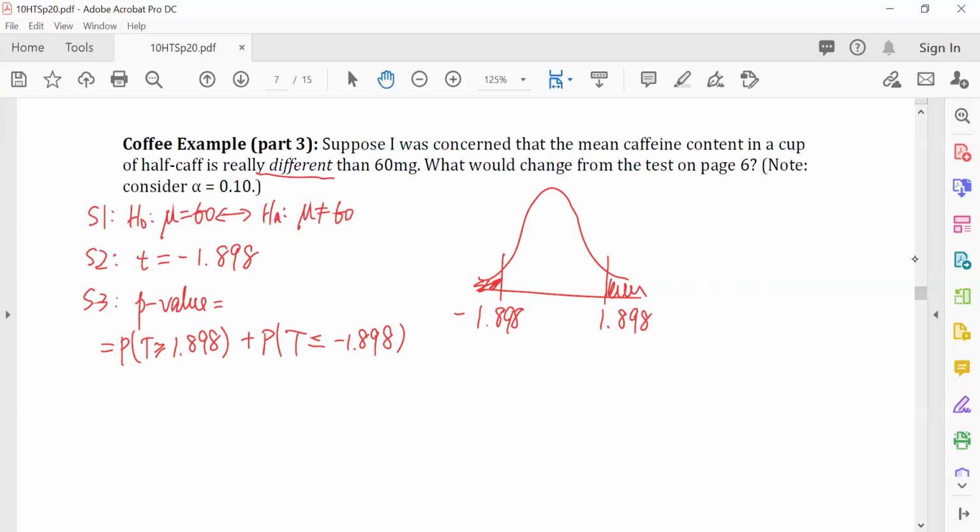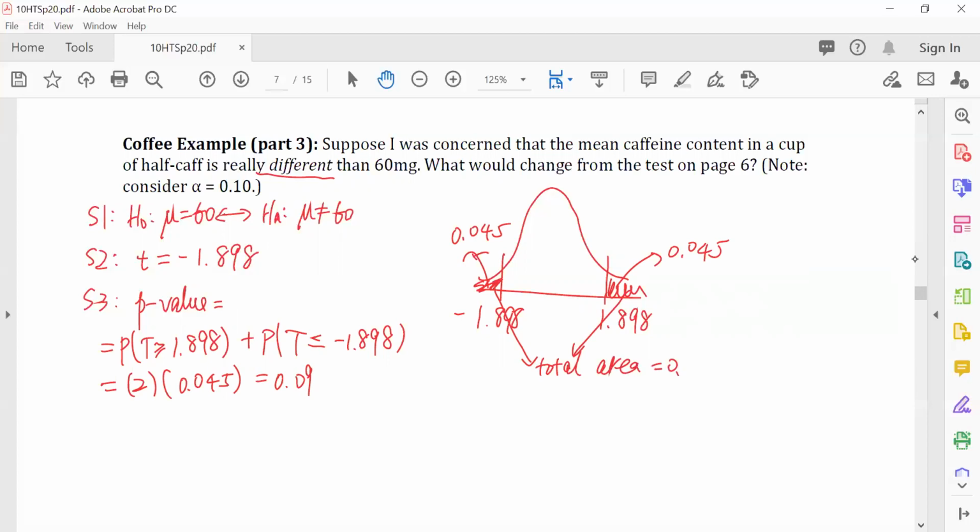These two probabilities are going to be the same because it's symmetric. So it's going to be 2 times the one-sided p-value, which is 0.045. That gives us 0.09 here. So this area is 0.045, this area is 0.045. That's what we have calculated, and they are symmetric. So the total area is 0.09.